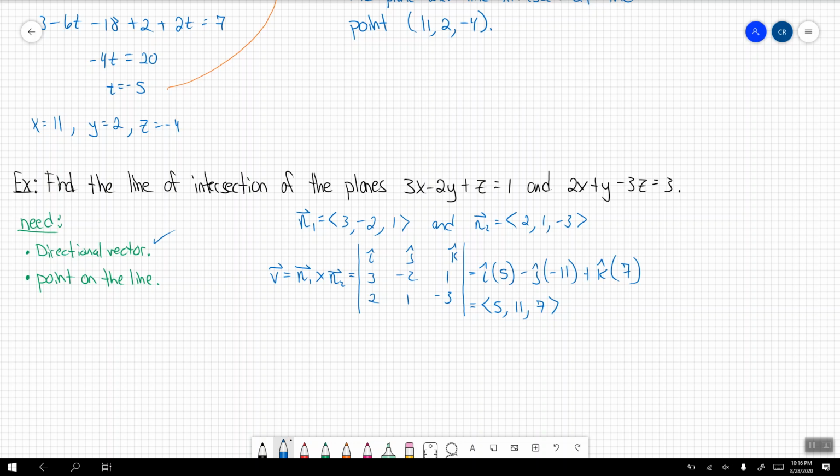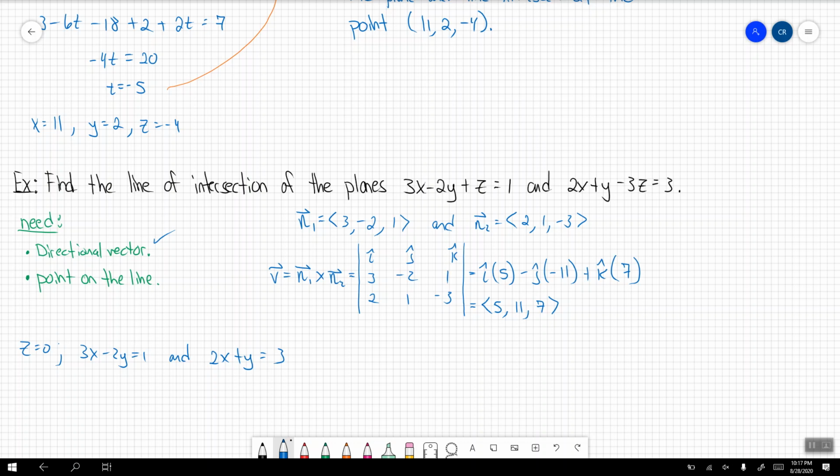So what I'm going to do here really quickly is I kind of see something happening. Look at my z values. If the z values cancel, so if I make z equal to 0, and again, I'm just using a hypothetical situation here, what are we left with? Then we're left with 3x minus 2y is equal to 1. And we're also left with 2x plus y is equal to 3.